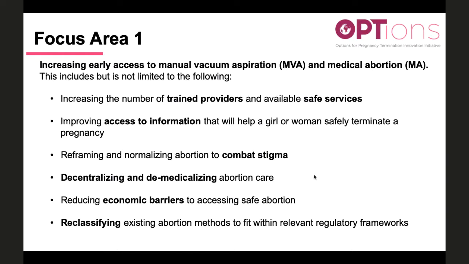But diving into the increasing access to existing methods of safe abortion, the list you see here is not exhaustive, but it provides some ideas of the types of innovations that could fall into that category.